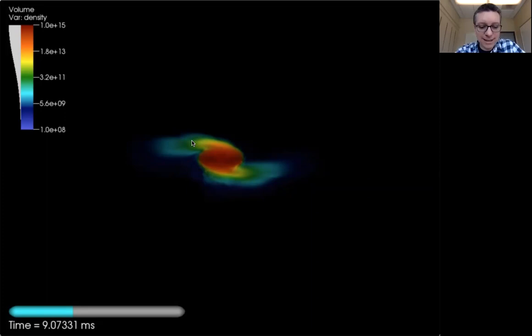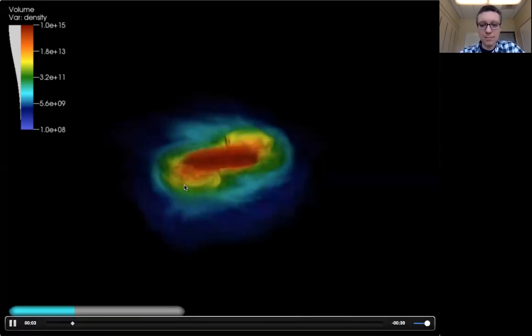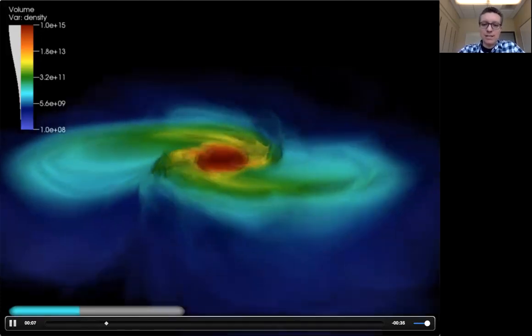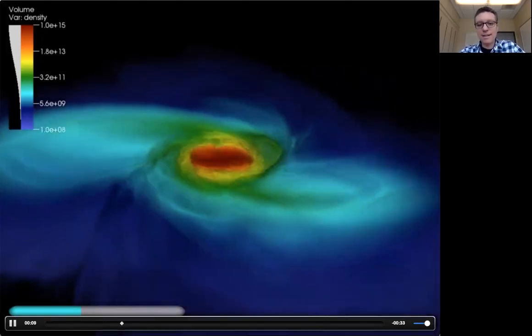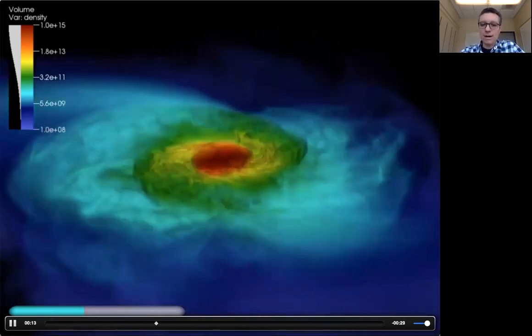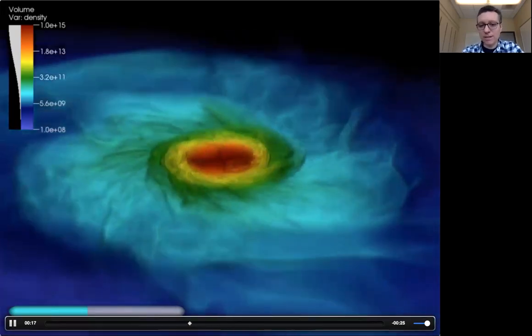There is not much tidal tail here because it's an equal mass system. But pay attention to what happens in this couple of milliseconds as the stars touch. So here they are merging. There is a little bit of ejecta as the stars are merging. The tidal tail is expanding. And then after about one revolution of the binary, after the contact, there's this big splash of material coming out.